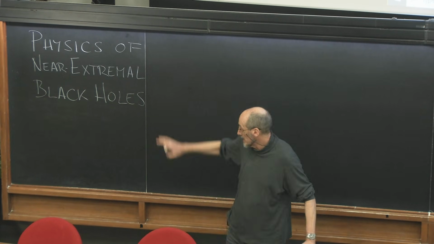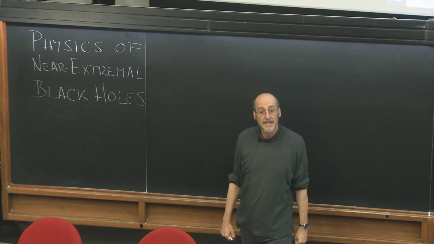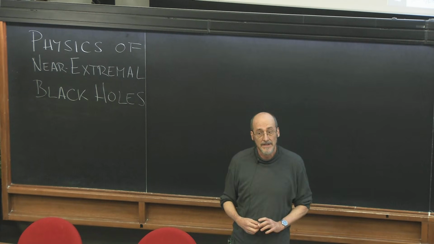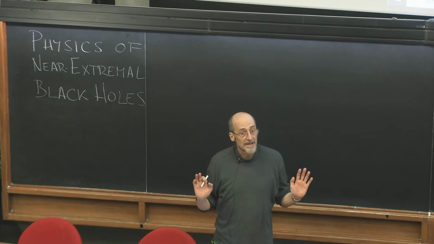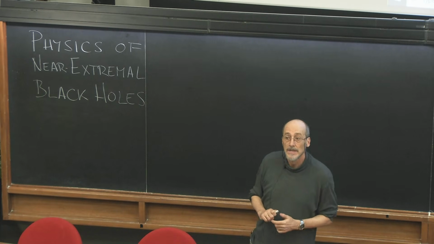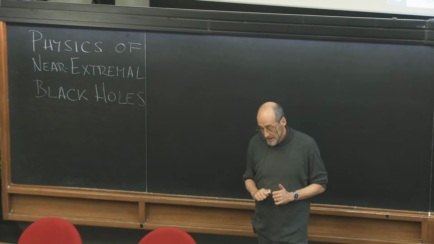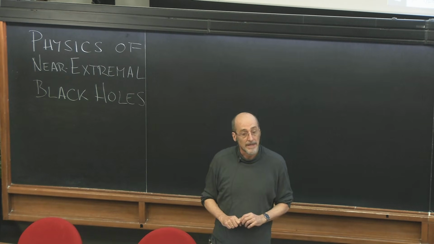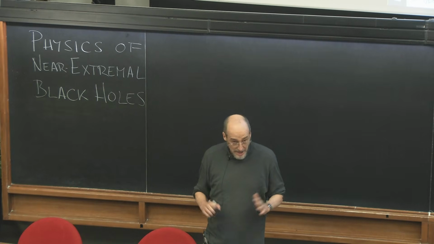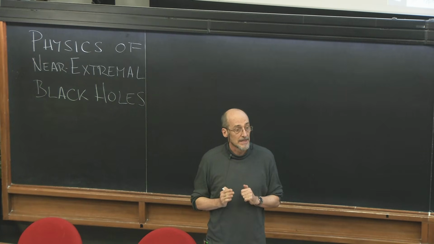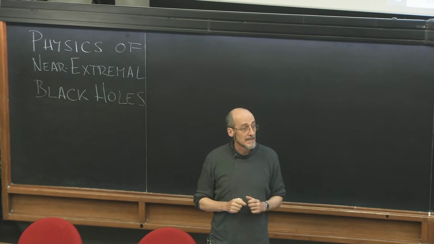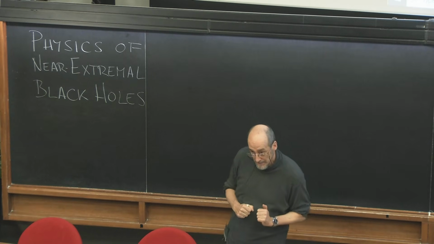So we're going to talk about extremal and near-extremal black holes, and there's been quite a lot of interest and developments in recent years. I don't know how familiar you already are with extremal black holes, but we will go over the basics. So what's an extremal black hole? It's a black hole where there are two horizons, inner and outer, typically, and there's a limit where they coincide.